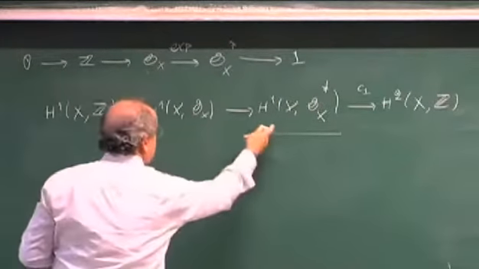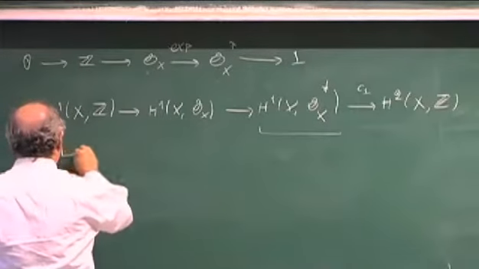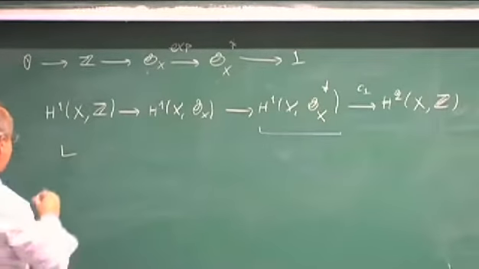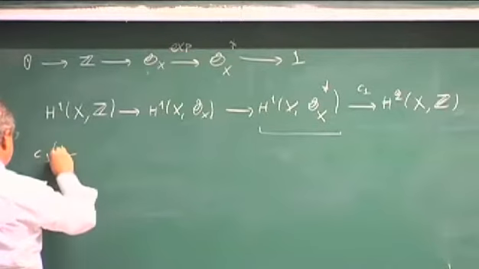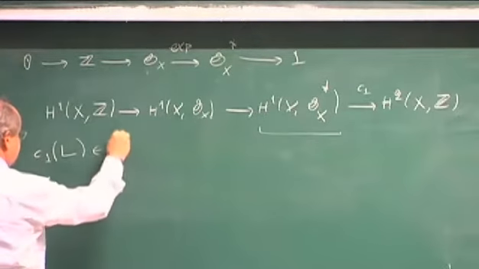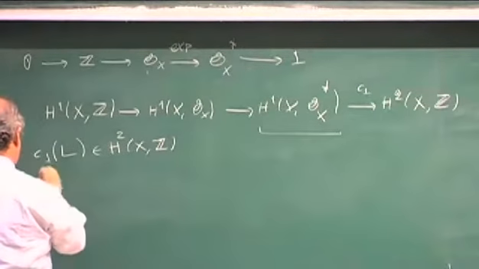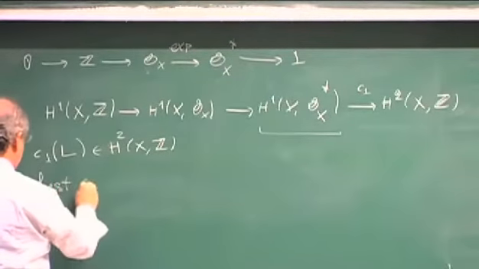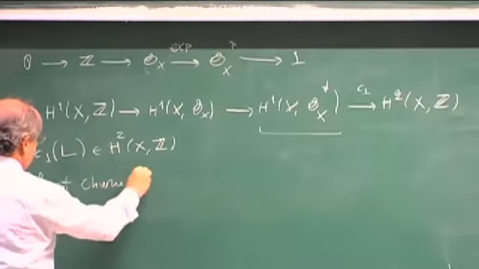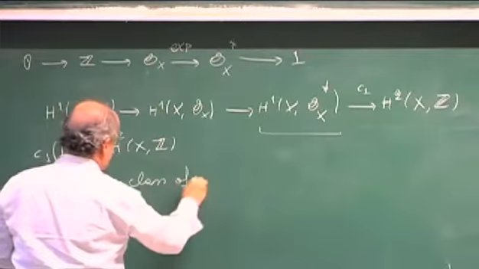And I can think that an element here is represented by a line bundle. So to any line bundle, I can associate a cohomology class, which is its first Chern class, the first Chern class of L.